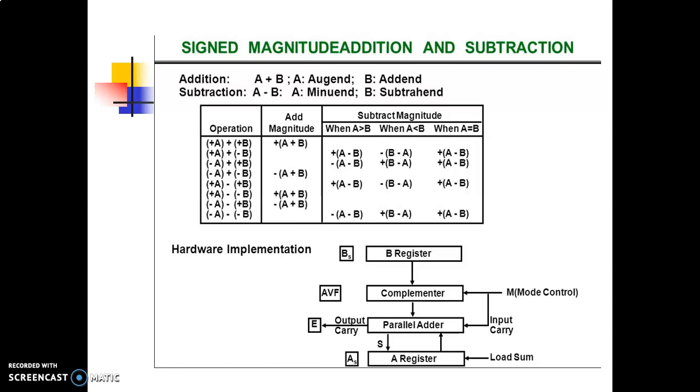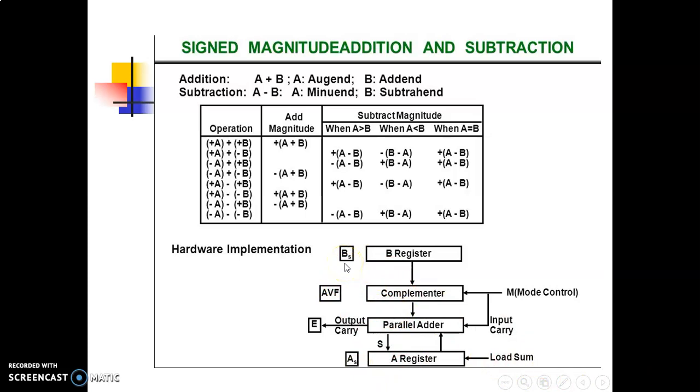Below it is the block diagram of the hardware implementation for the addition and subtraction operation. This consists basically of register A and register B and the sign flip-flops AS and BS.